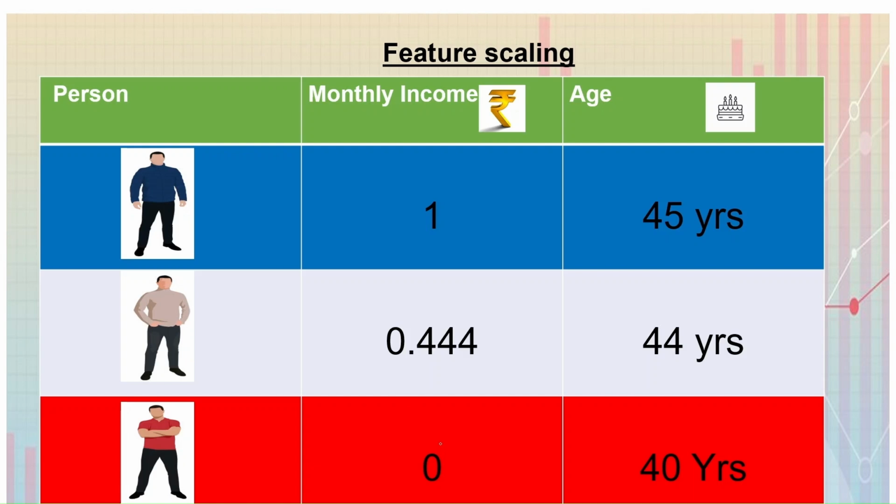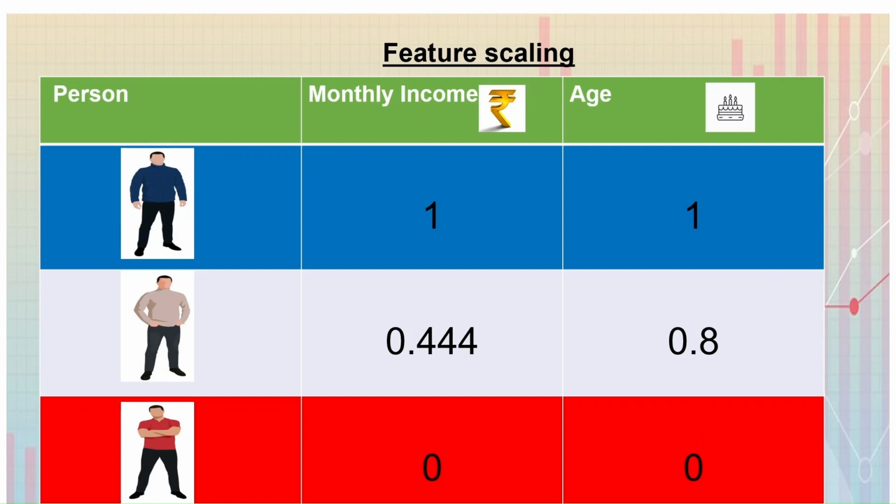Let's go to the second column. We now apply it to the age in years column. Our values are now 1, 0.8 and 0.